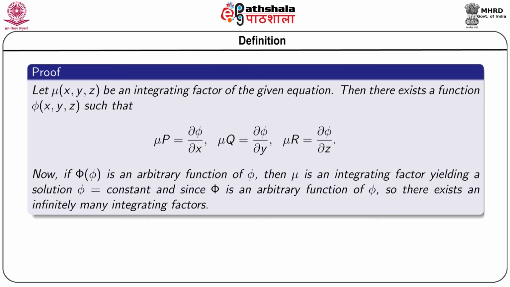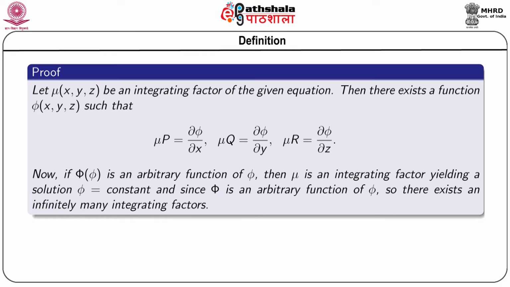If we recall theorem 1, it says that a Pfaffian differential equation with two variables always possesses an integrating factor. Therefore, there exists an integrating factor mu such that the expression P dx + Q dy becomes the total differential of some function.